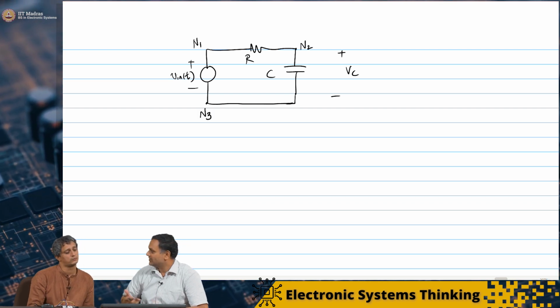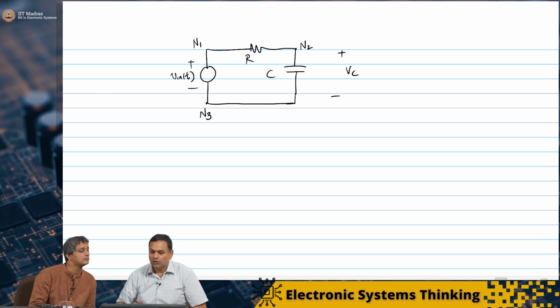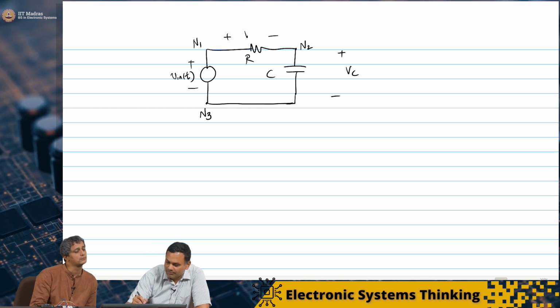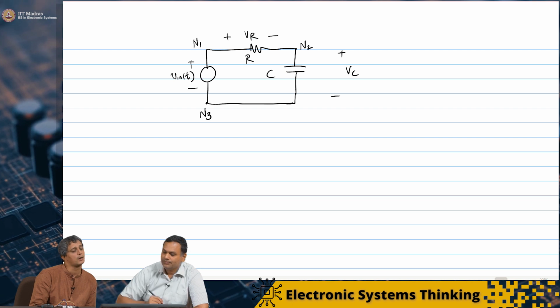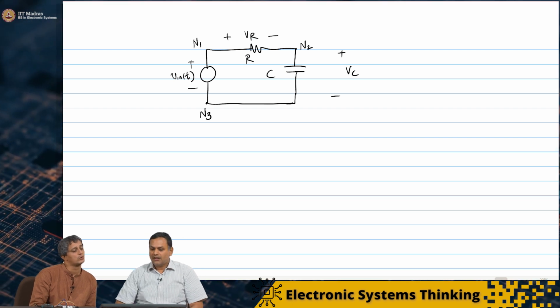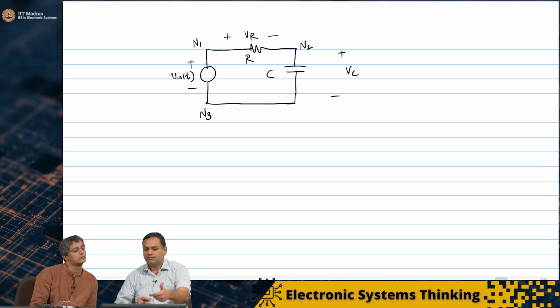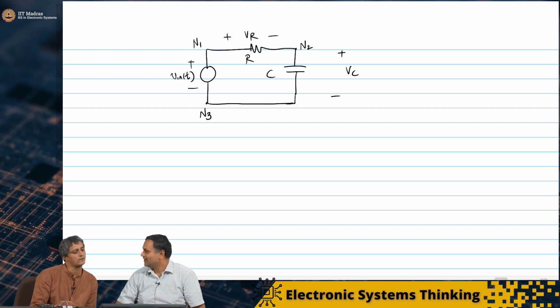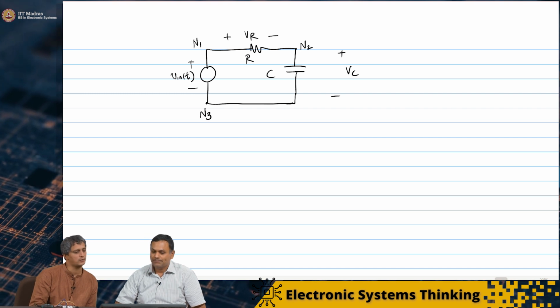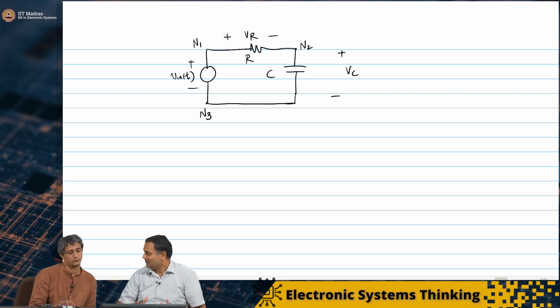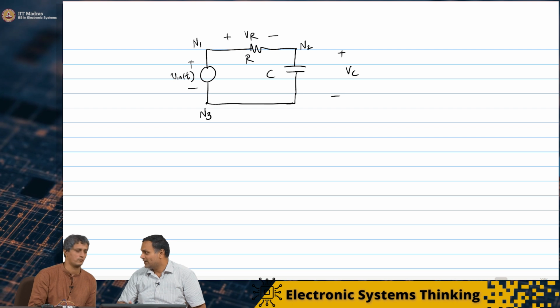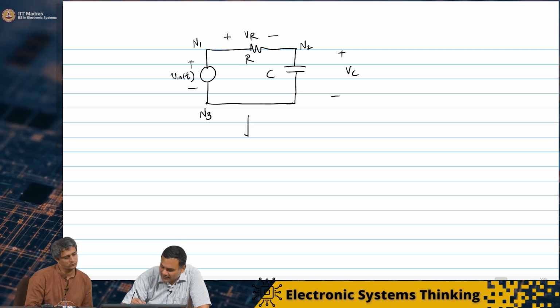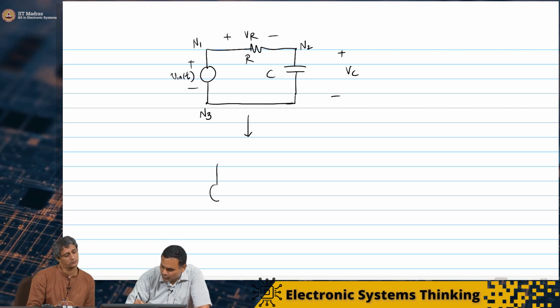We have 3 nodes in this circuit, and this is VR. Now, suppose we flip the signs of the input. We know from superposition that the voltages and currents should also flip signs. The first transformation we are going to do is this.